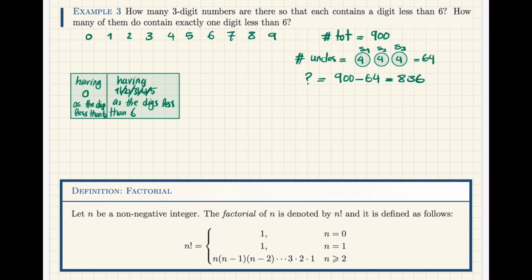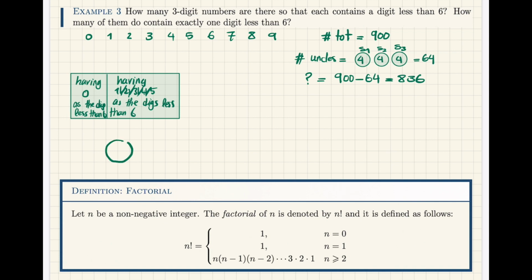Okay, if I want to do this, so I know that I have to choose 0, and I need to put it somewhere in 3 positions, either in the middle digit or on the right hand digit.